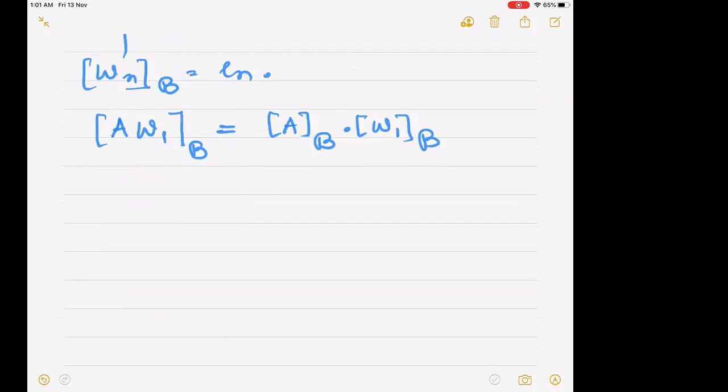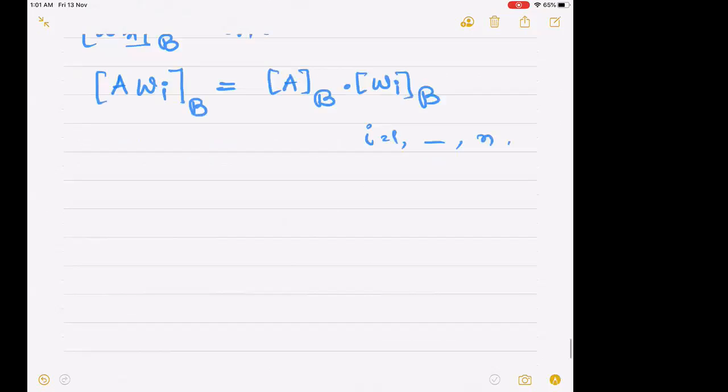This is true for all the vectors where I goes from 1 up to n, right? And so therefore, this is nothing but A_B, E_I, where E_I is the ith basis vector. I hope so far it's clear.